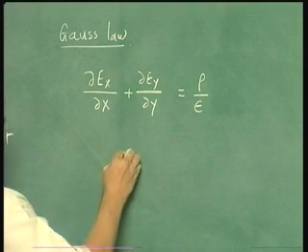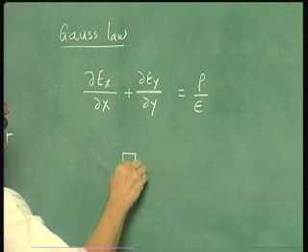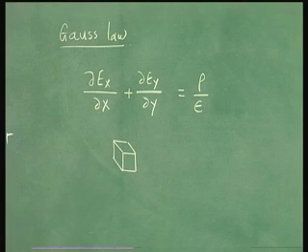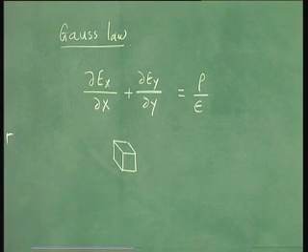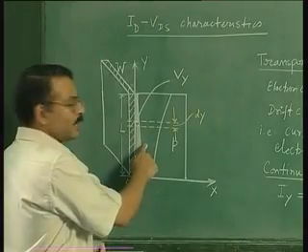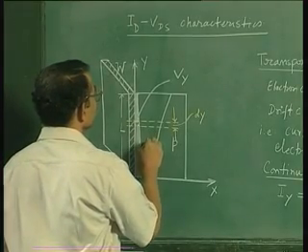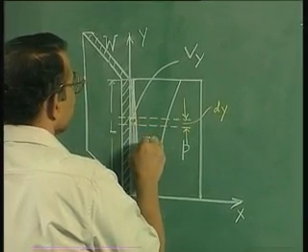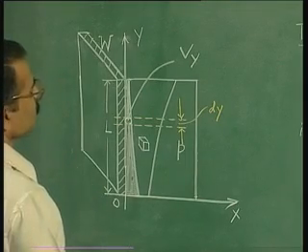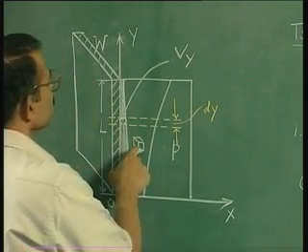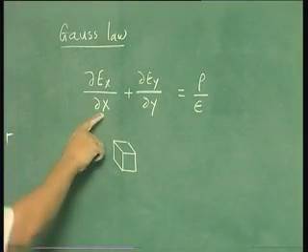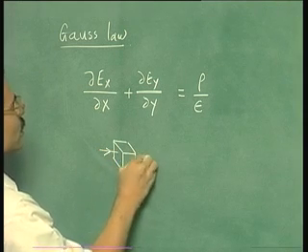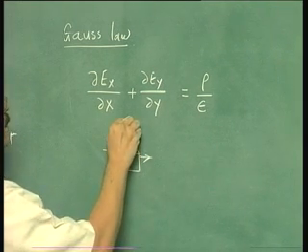That is, we can show it as follows. If you take a volume in the substrate near the surface where you have the electric field, so you are choosing the volume somewhere here. For this volume, what this equation says is, this is the x-directed electric field going in and coming out, and this is the y-directed electric field.